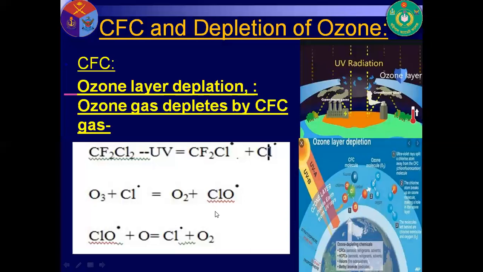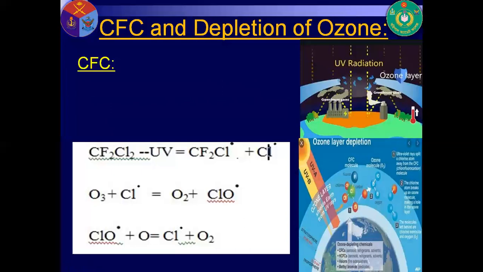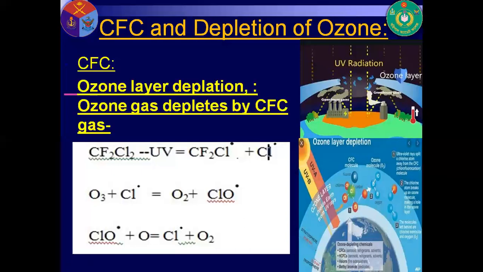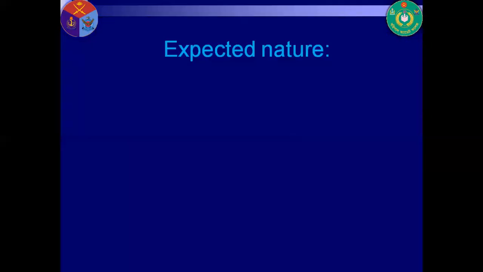It is a chain reaction, so it must be reduced to control the different rays coming from the sun. It is very harmful for the earth and living beings. This is the depletion process of the ozone layer.